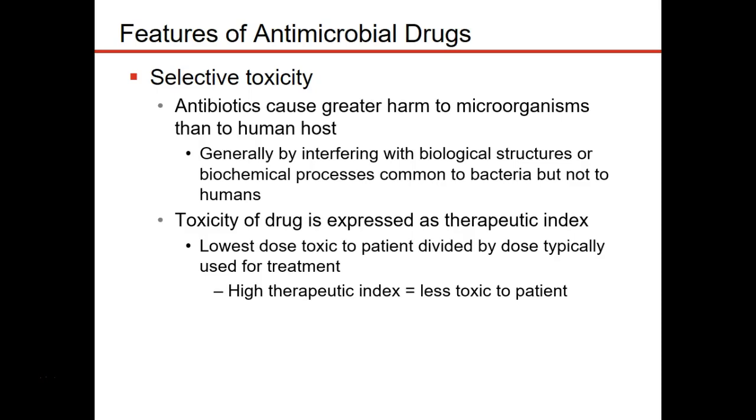So if an antibiotic has a very high toxicity, then we're probably not going to use it. The lower the toxic levels to patients, the better it is for the patient to use. So any drug that has a high therapeutic index typically has a very low toxicity to patients.